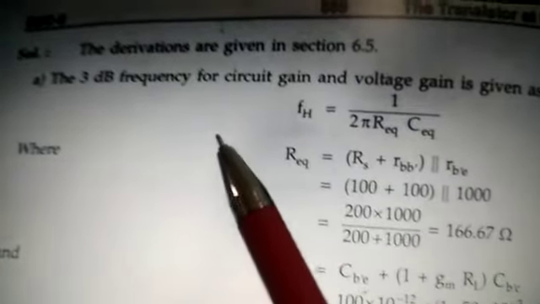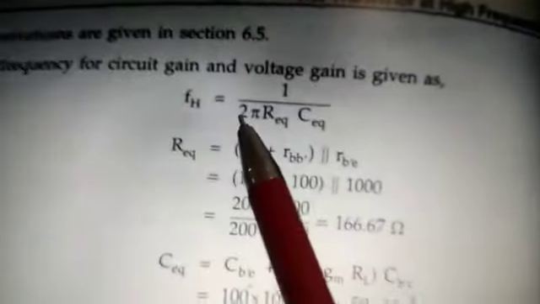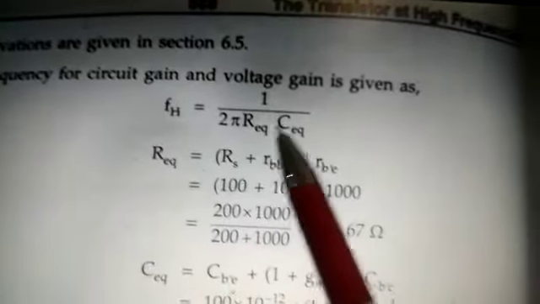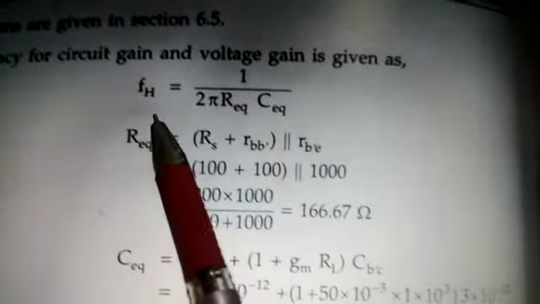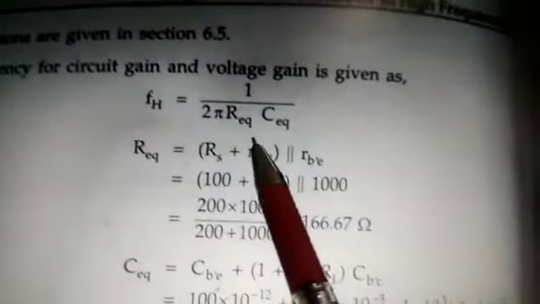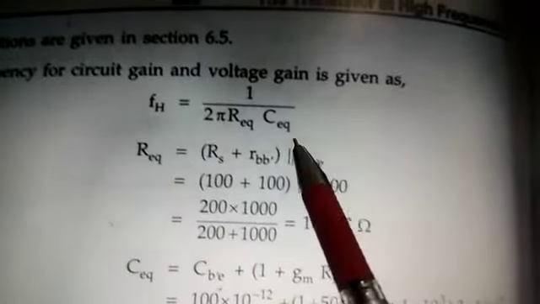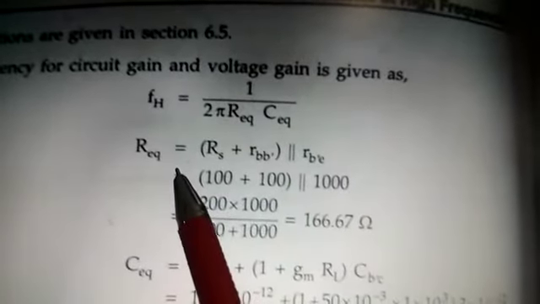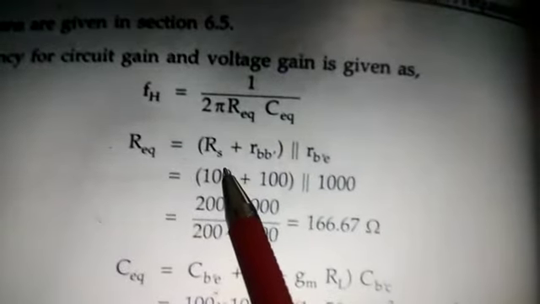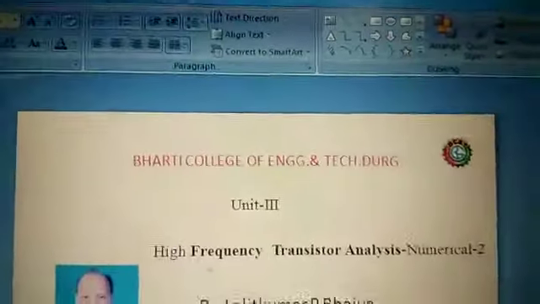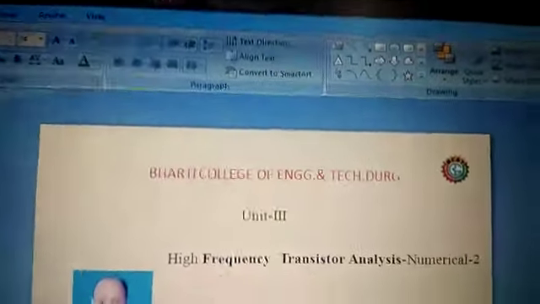We have to calculate the higher cutoff frequency, the 3 dB frequency of the circuit, for the current gain and voltage gain. It is given as fH is equal to 1 upon 2 pi R equivalent C equivalent, where R equivalent is Rs plus rbb'.